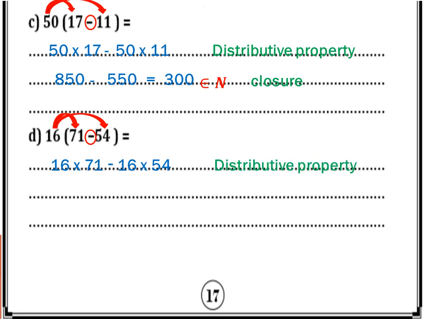And now let's calculate 16 times 71 equals 1136. Put the minus. 16 times 54 equals 864. Let's calculate 1136 minus 864 on calculator. The answer will be 272, which belongs to N, closure.